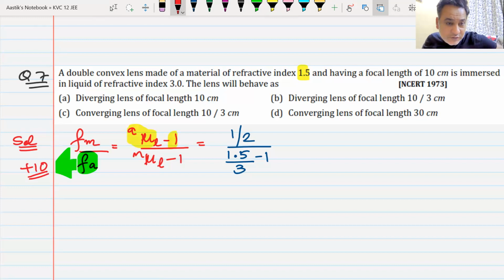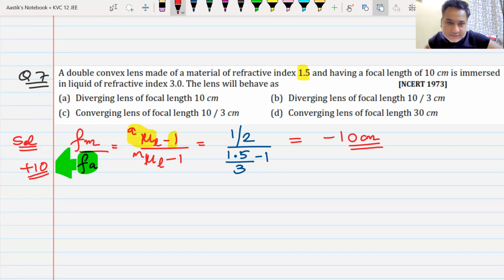If you now put the values correctly, you get the same answer, but on the right-hand side you get minus 1. Are you getting minus 1? So the final answer will be coming as minus 10 centimeters.